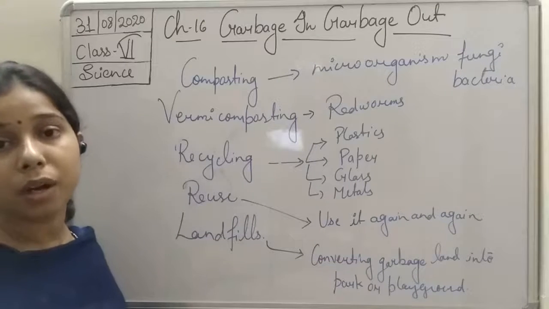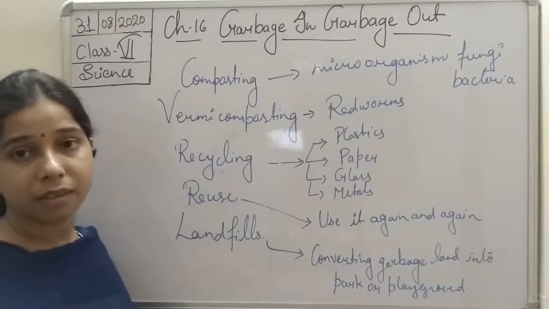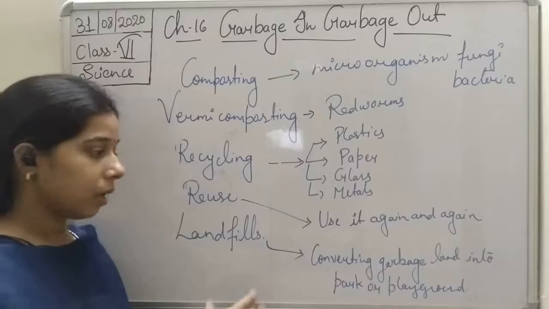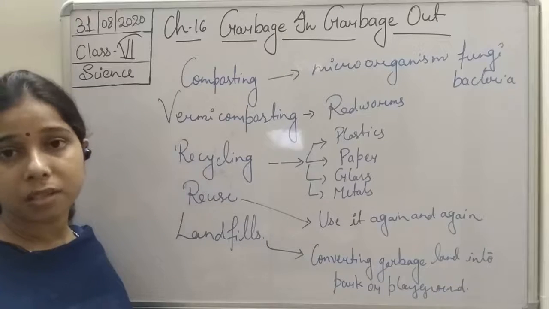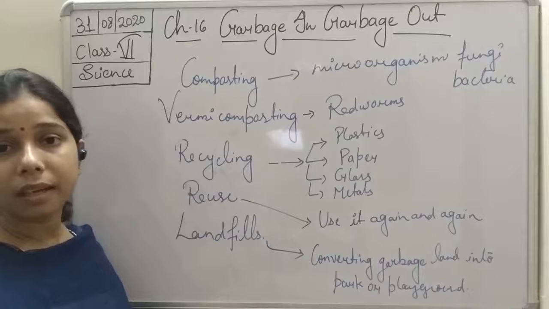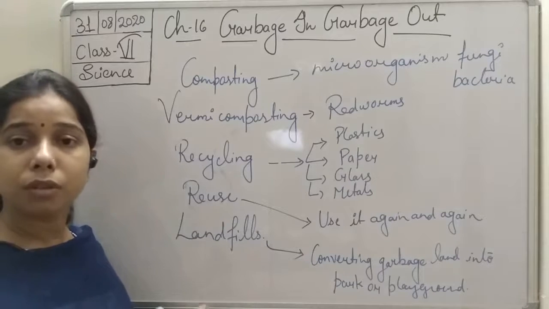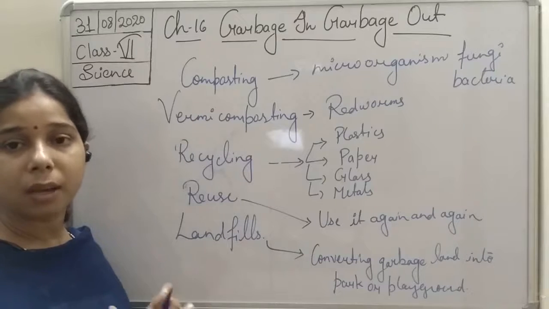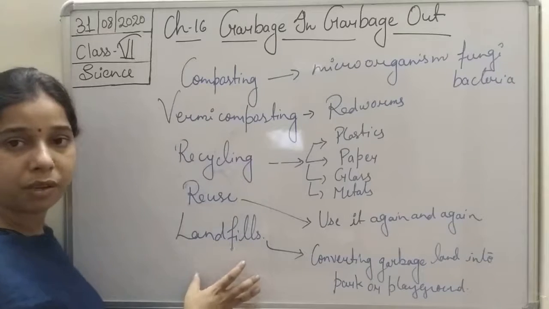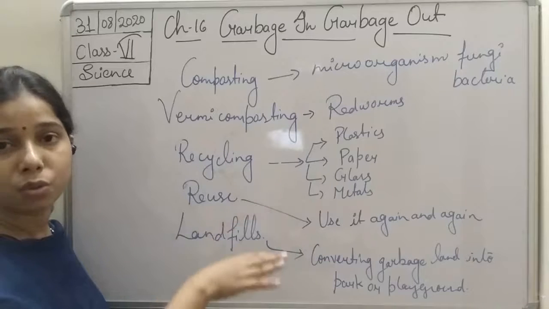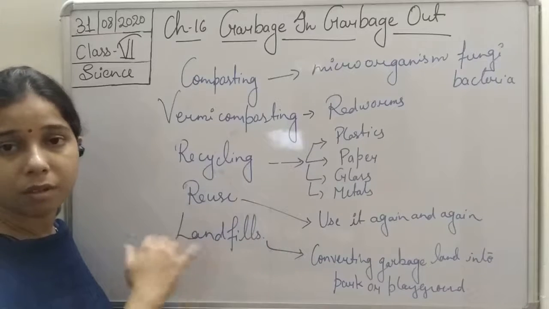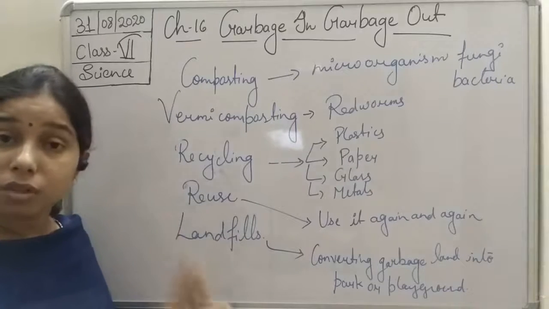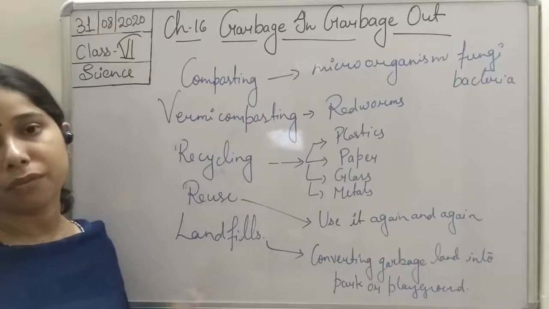Or we will make it undergo a furnace with a very high temperature, known as an incinerator, and there we will burn it at a high temperature, and finally it will get converted into ashes, and we throw those ashes on the land. This will reduce the amount of garbage, and again the process of landfill, in which we continuously add soil to make the land plain, and finally we convert it into a park or playground. So these are the different methods of disposal.